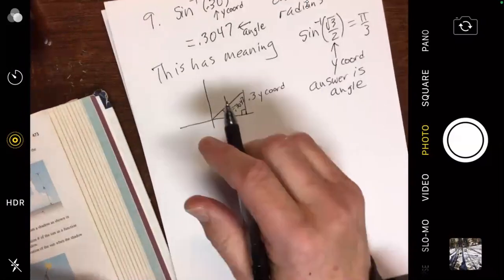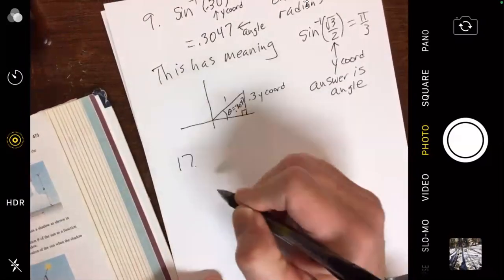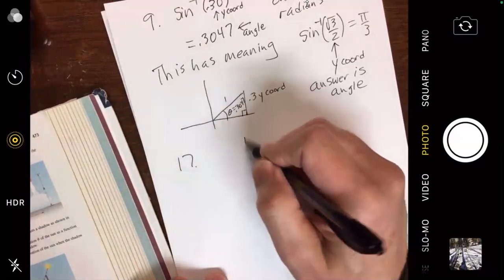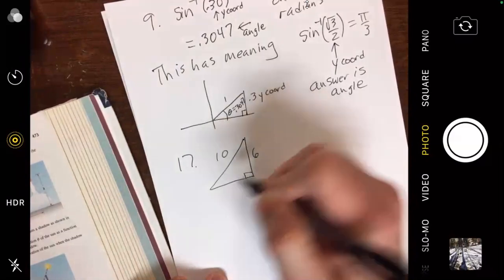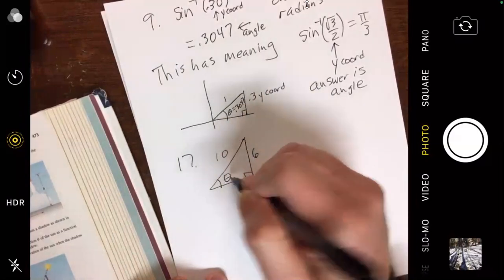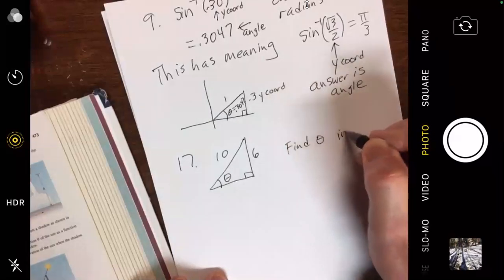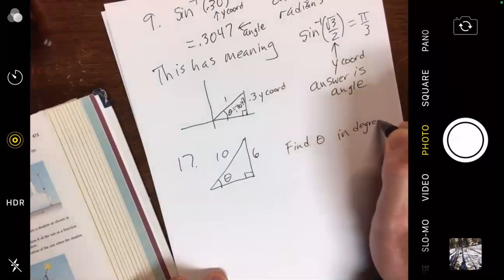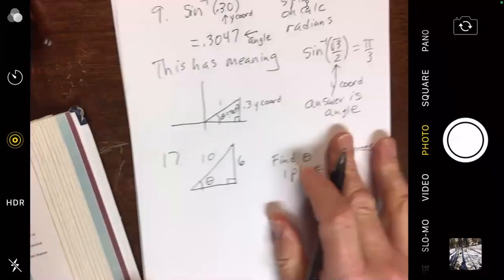Okay. So now they're going to give you different numbers, like in 17. They give you a 10 and a 6 and a theta here. Find theta in degrees, rounded to one place.